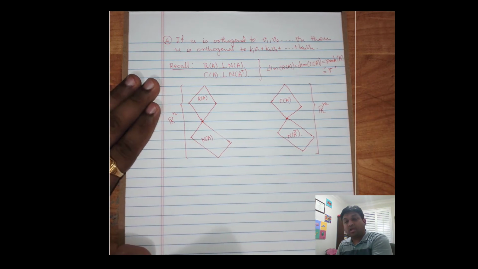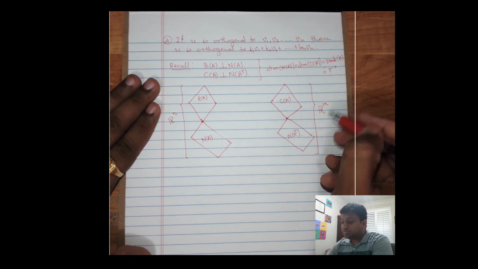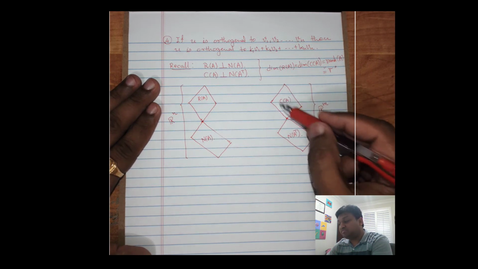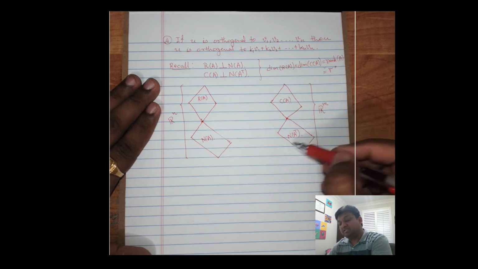So these are a perfect partition of Rm. Any vector in Rm can be expressed as a linear combination of bases from the column space of A and bases from the null space of A transpose, or left null space.